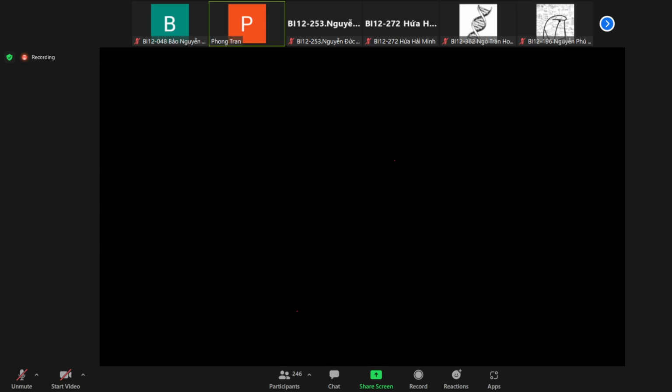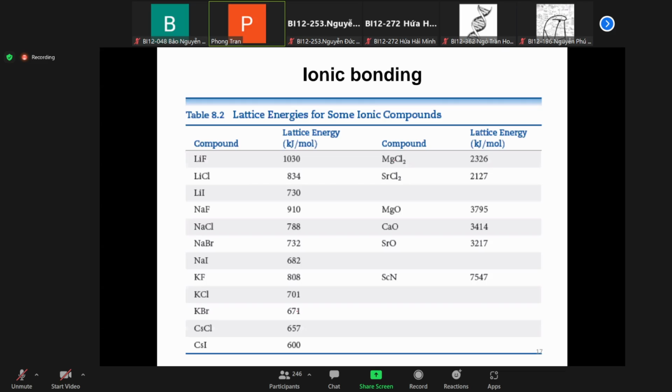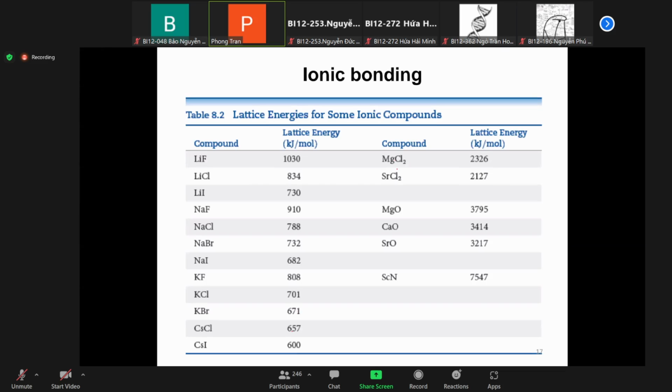So here, experimentally, what you can see. You take sodium fluoride, the lattice energy is 910 kilojoule per mole. For cesium iodide, it's 600, so cesium iodide is smaller than sodium fluoride.